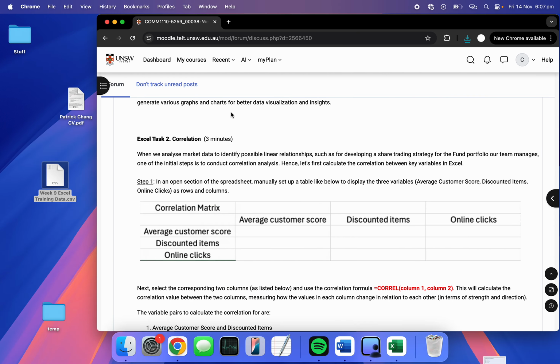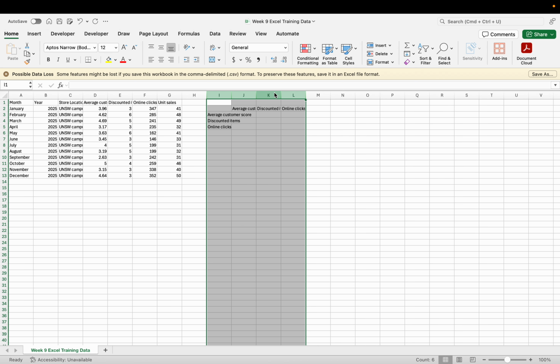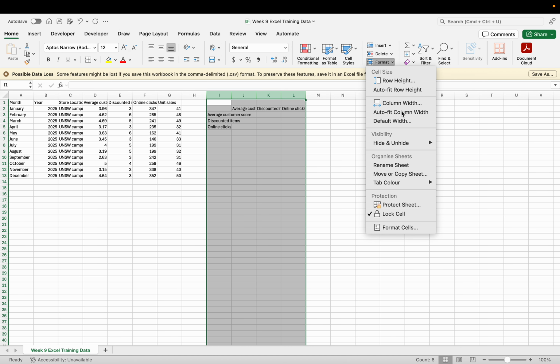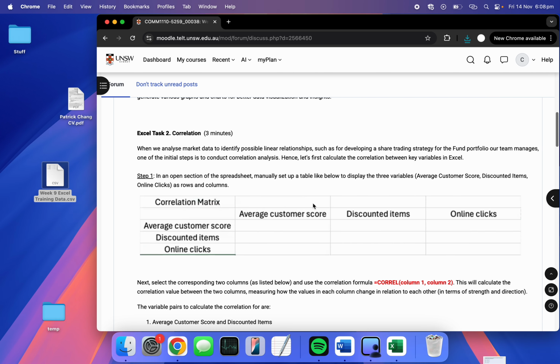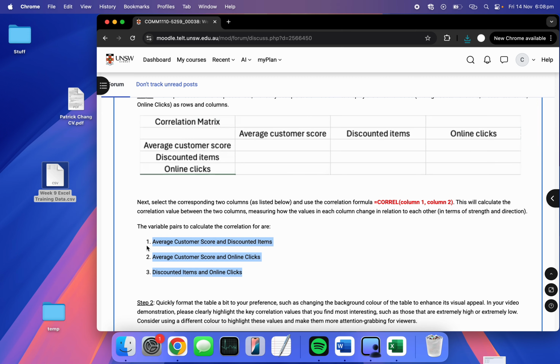Let's make the matrix. So we want these pairs.